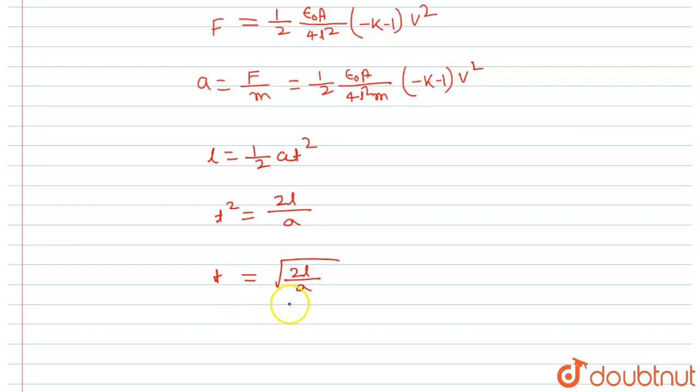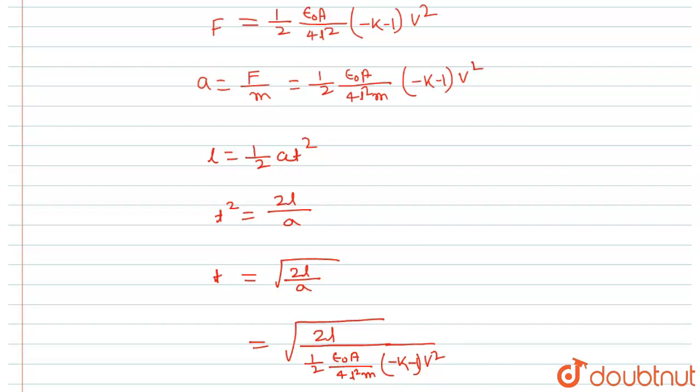Now we have to put this acceleration value here, so this is equal to 2l, and the acceleration value is 1 by 2 epsilon naught a divided by 4l square, and m is also here, and minus k minus 1, into v square, clear. So from here we can find the t value.